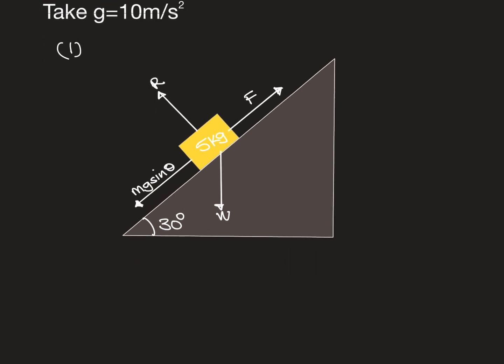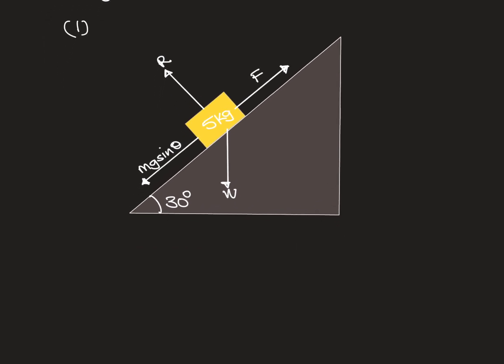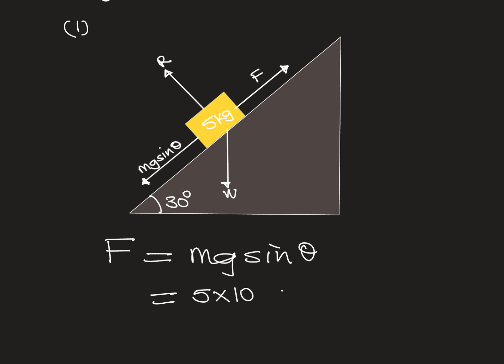So for the first case, the body is in limiting equilibrium. Okay, so remember there is no motion. We wanted to know the force that has to balance the force that is going to cause the object to slide, which is the frictional force. So the frictional force is equal to mg sine theta. The mass of the object is 5 multiplied by gravity 10 multiplied by sine of 30 degrees.